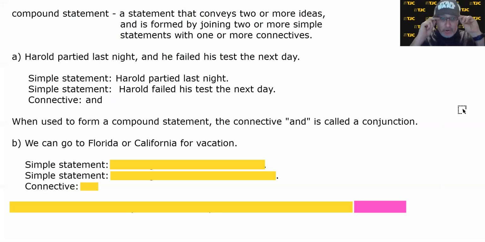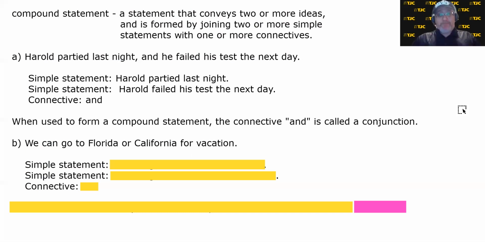Now, if you're a grammar freak like I am, you know that in grammar, conjunction means a word that joins two or more sentences or phrases or clauses. And there's a whole list of conjunctions in grammar: and, or, but, since, then, and a lot of other words as well, and even phrases.